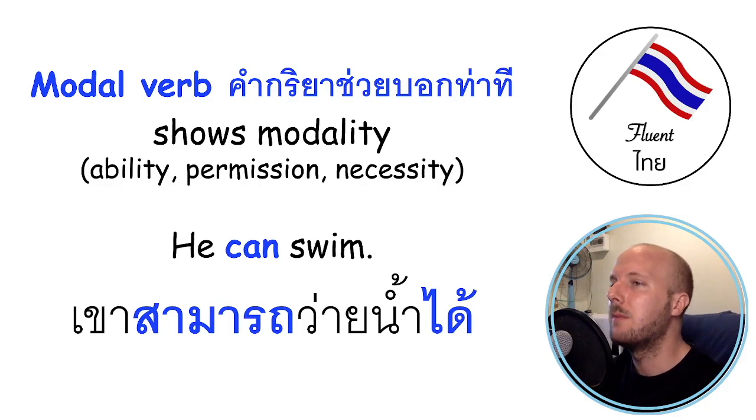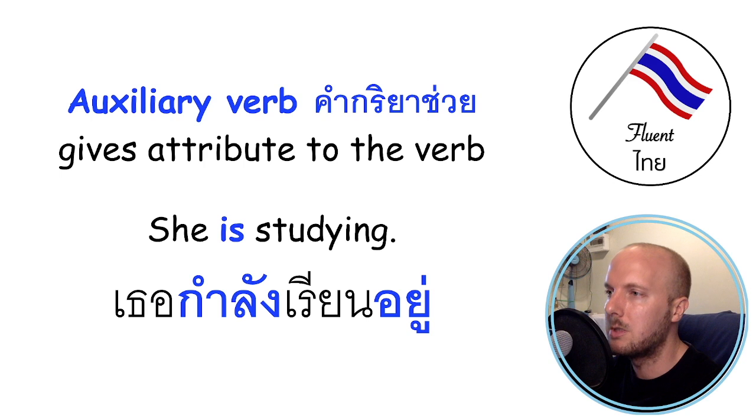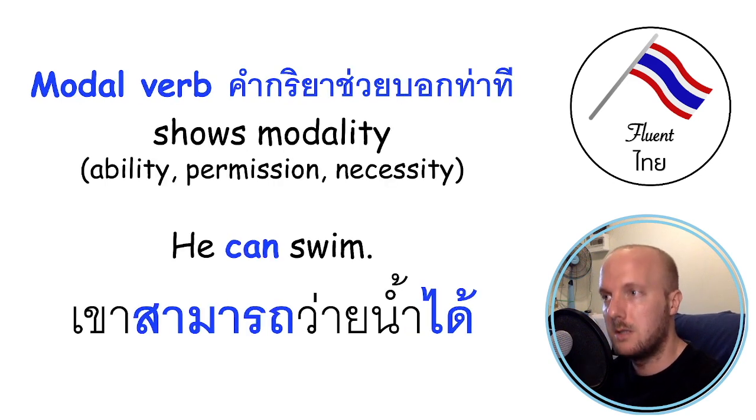So he can swim, เขาสามารถว่ายน้ำได้. This is another example of a pair of words. For example, we just had กำลังอยู่, so it's either one or the other or both. This is the same pair I would get used to.